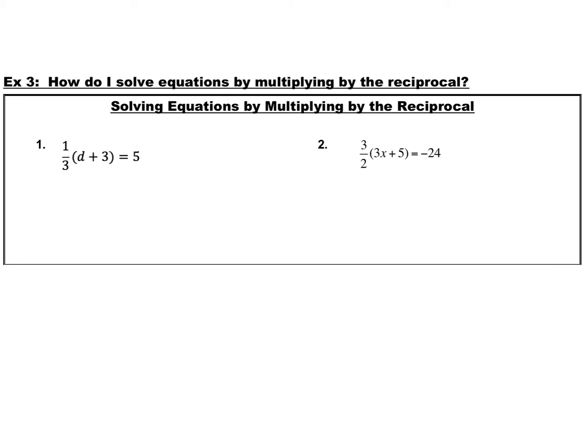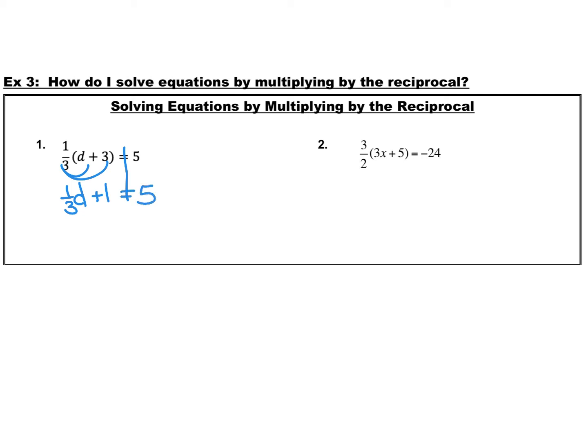All right, so for this next one, it can be done one of two ways, actually, for this first one. We could look at this, and I could say, all right, I'm going to distribute, and I'll have 1/3 times d, and then 1/3 of 3 is going to give me 1, is equal to 5.